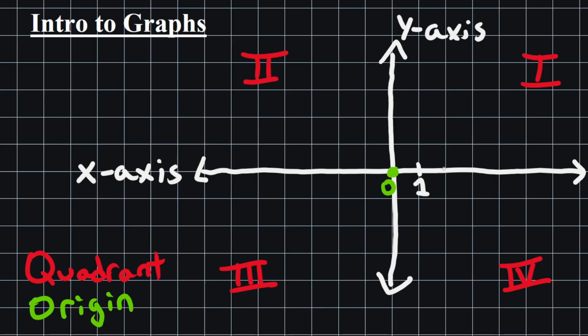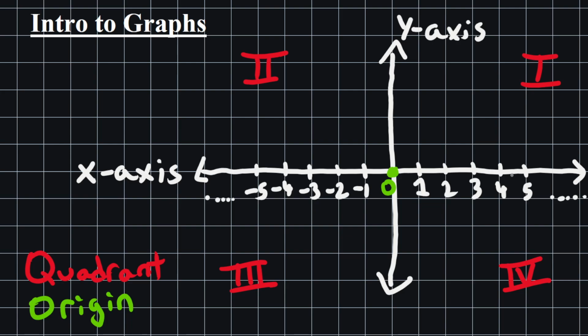This spot right here will be 2, 3, 4, 5, and so on to infinity. Now let's go in the other direction. So we have -1 here, -2, -3, -4, -5, and so on to negative infinity in the other direction.